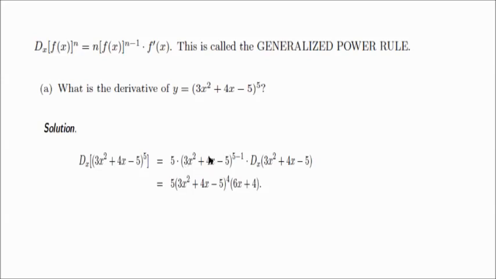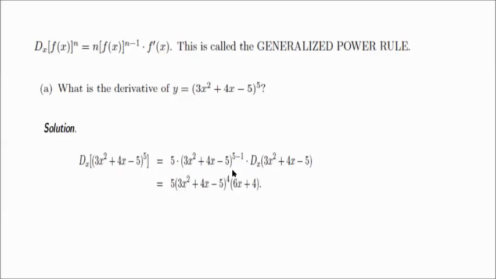In this case, derivative nito. Okay? So therefore, hindi lang ito yung sagot natin. Kailangan i-multiply mo pa siya sa derivative ng nasa loob ng parenthesis. Yun yung tandaan nyo. So derivative ng nasa loob ng parenthesis is 6x plus 4.